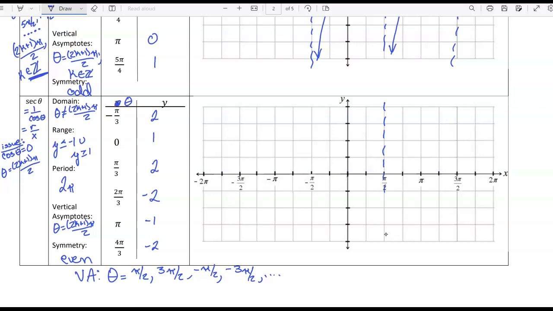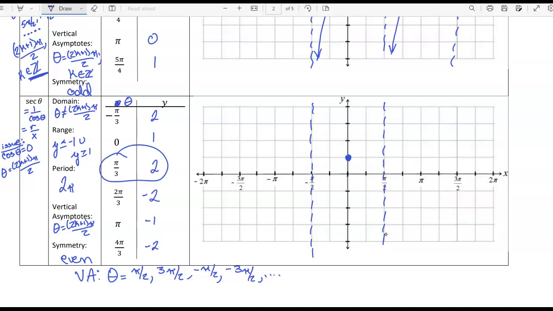Pi over 2, negative pi over 2. So let's start graphing some stuff. So 0, 1 here.